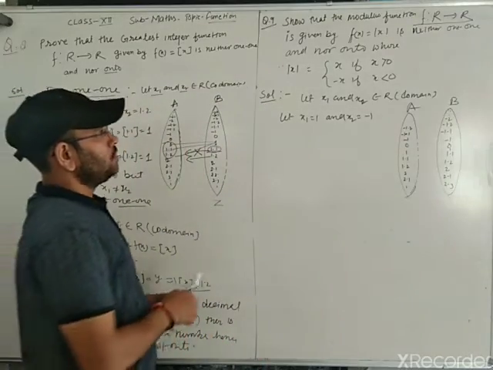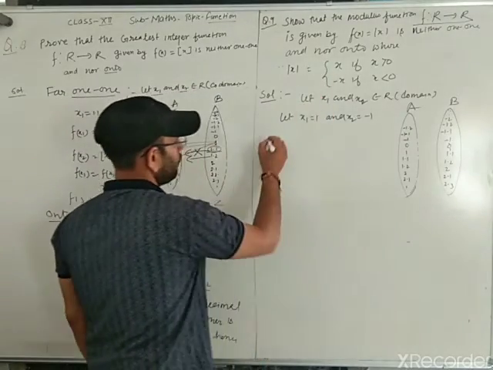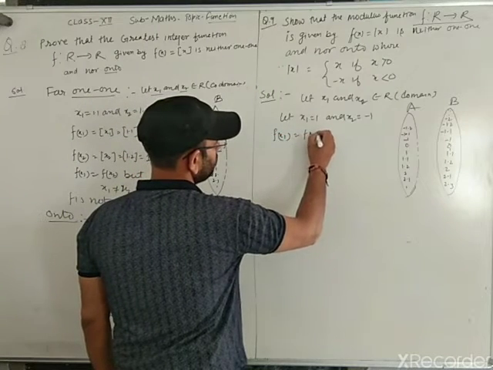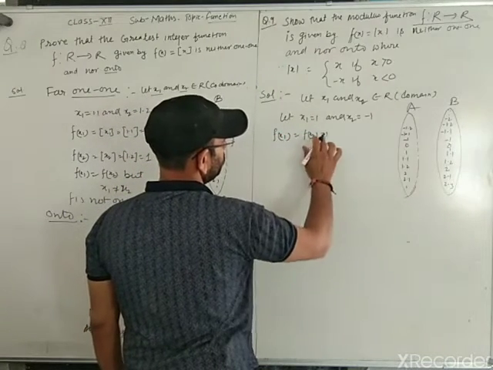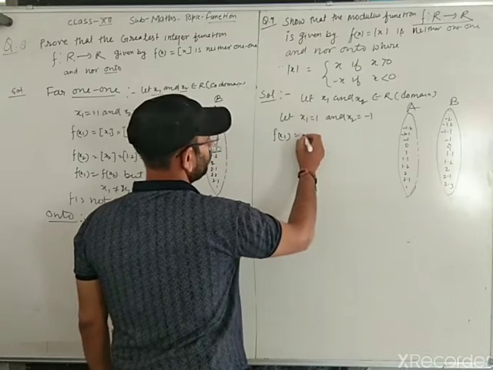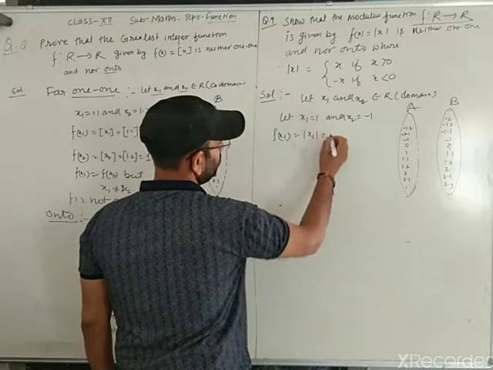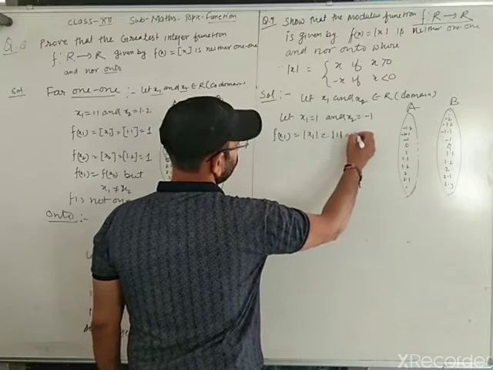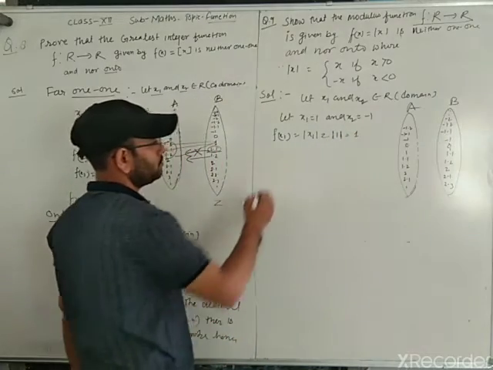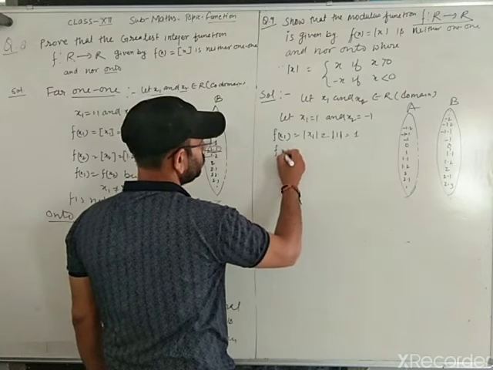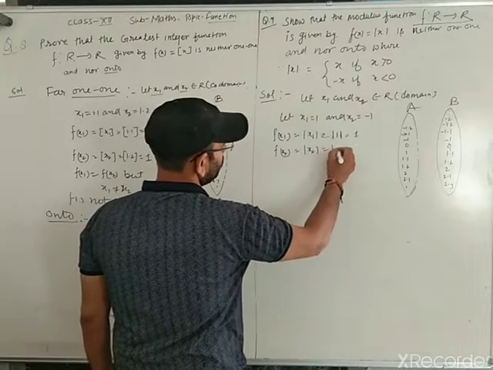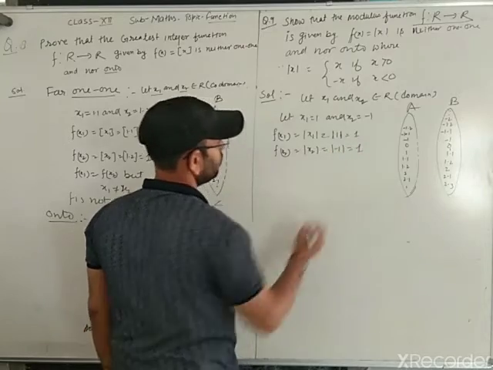Just look at that again. f(x1) is equal to modulus of x1, which is equal to 1. Placing the value inside the modulus, you get 1. Similarly, f(x2) is equal to modulus of x2, which is modulus of minus 1, so you get 1 again.